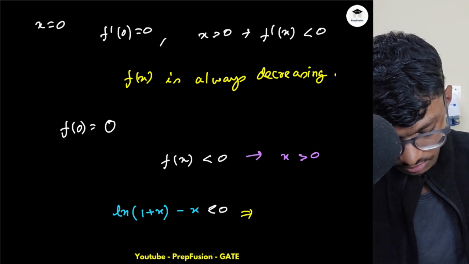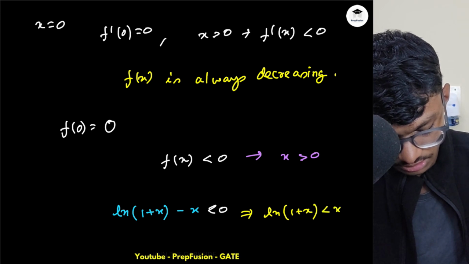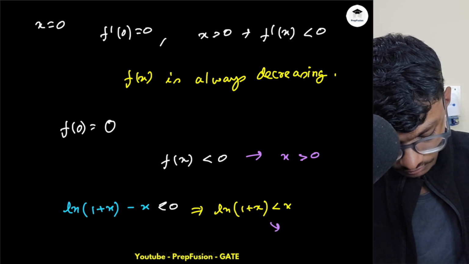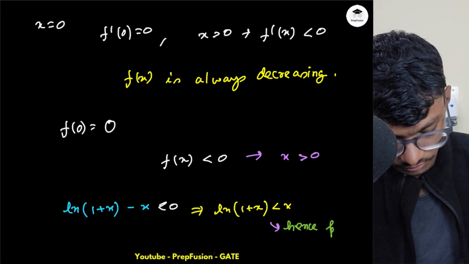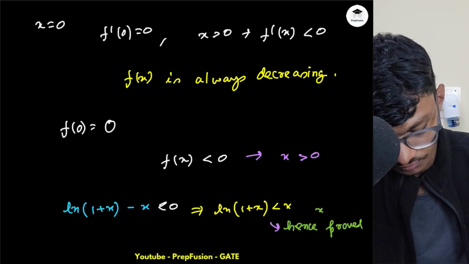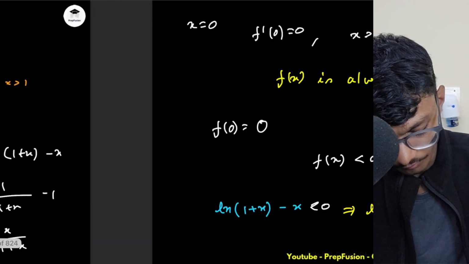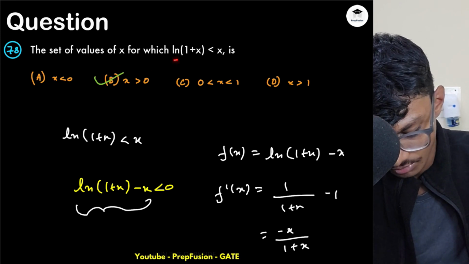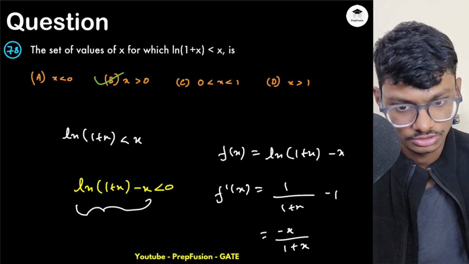That is ln(1 + x) is less than x for x greater than 0. So if x is greater than 0, this inequality is always satisfied.